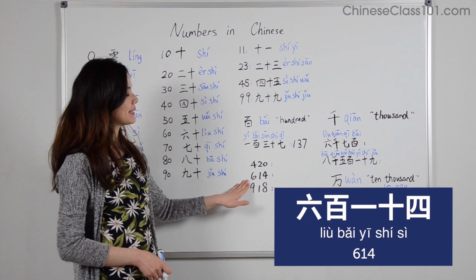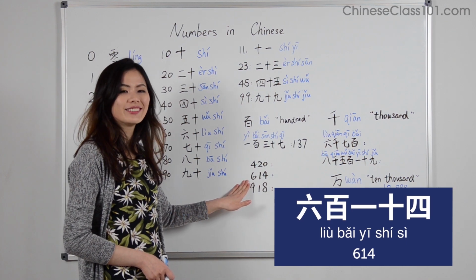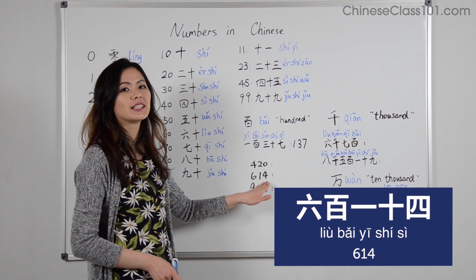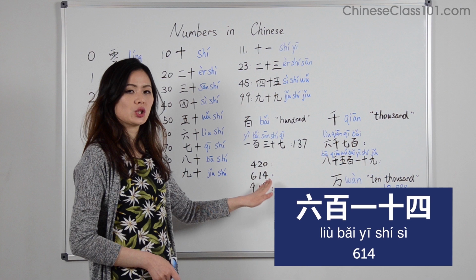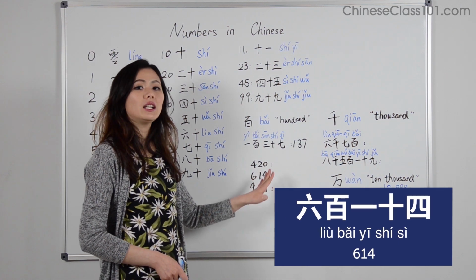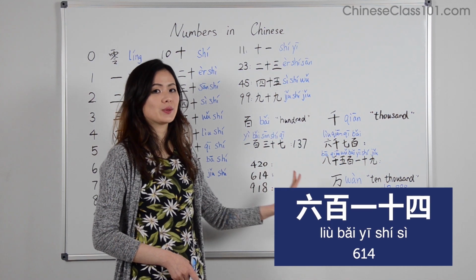How about 614? 6 hundred, 六百, and 14. Here we use 十四. So together 614 is 六百一十四.